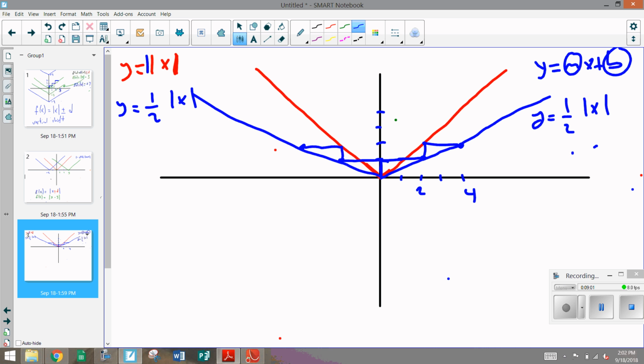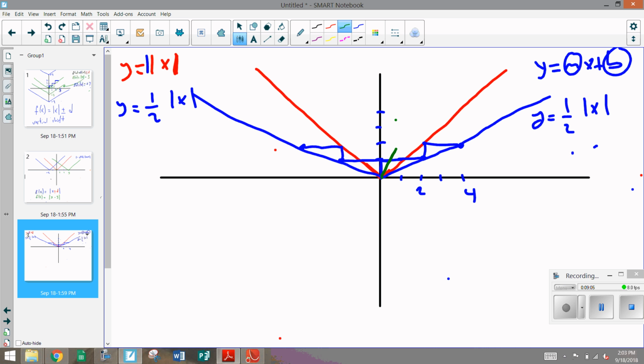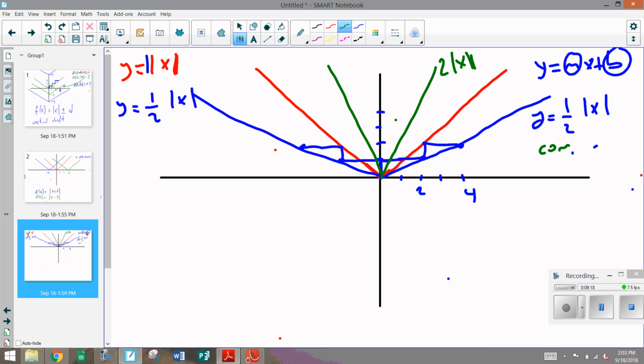Now, this is stretched by the factor of 2. This is stretched, but this one is compressed. Compressed by the factor of 1 over 2. Is that right?